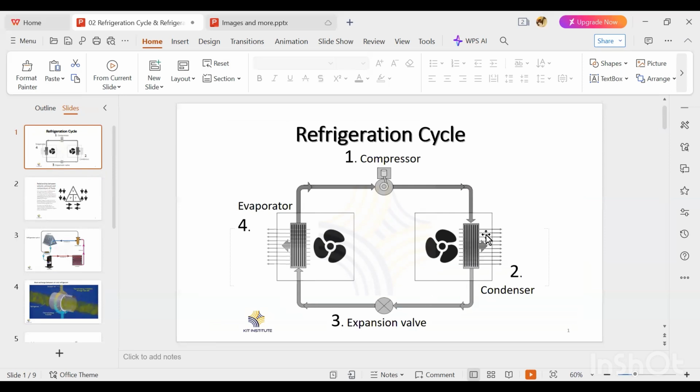Now the ambient air outside, surrounding that coil, is cooler compared to that refrigerant. I'll give an example of refrigerant coming into this coil at around 100 degrees Celsius. It flows into these pipes at 100 degrees Celsius.